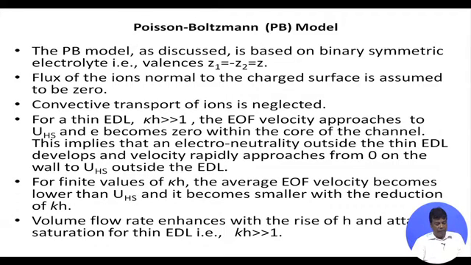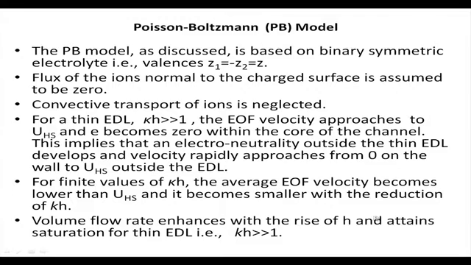For a finite value of the Debye length, the average EOF velocity becomes lower than UHS and becomes smaller with the reduction of kappa h. Okay. And the volume flow rate enhances. This is quite clear from the expressions we have derived in the previous slides. The volume flow rate enhances with the rise of kappa h and attains saturation for a thin EDL when kappa h is very much greater than 1.